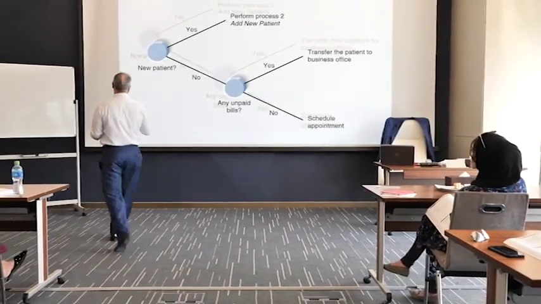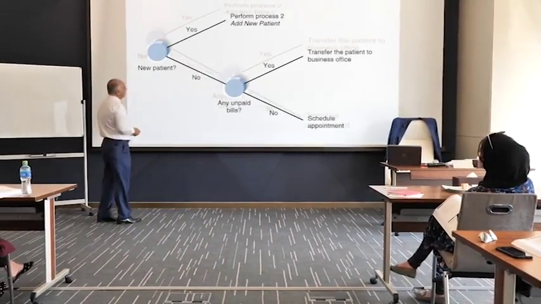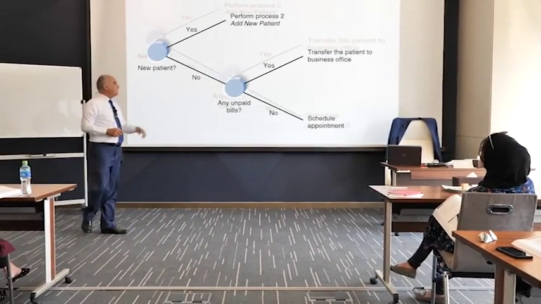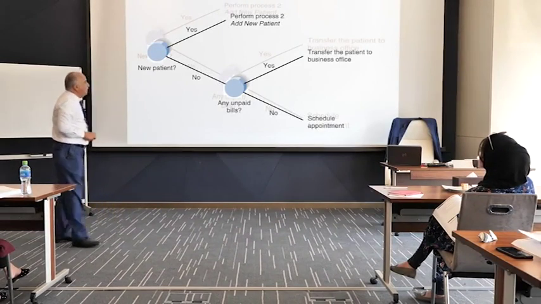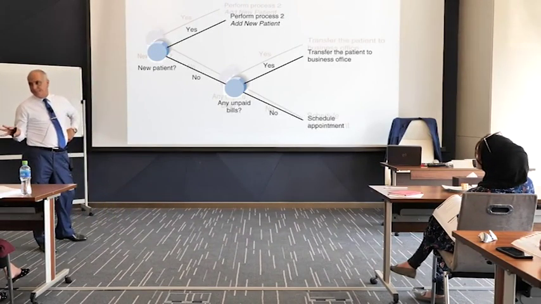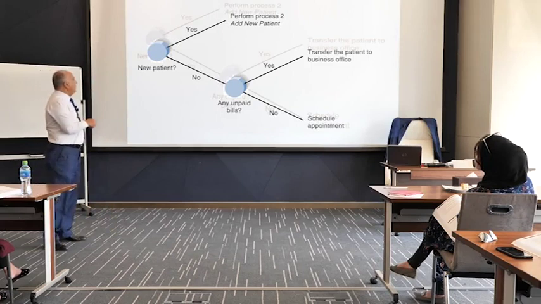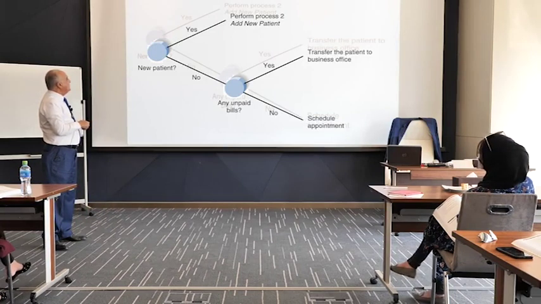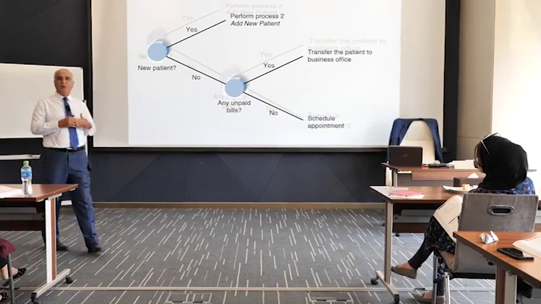So here is a new patient. What does the patient want? A patient wants to make an appointment. So the first thing we need to do is check whether this is a new patient or not.